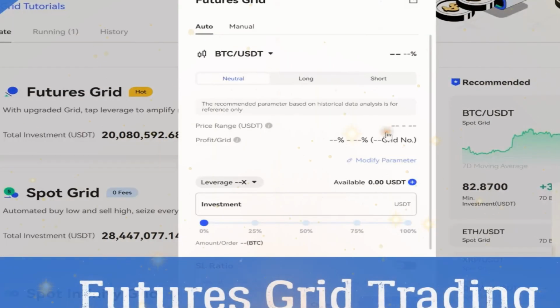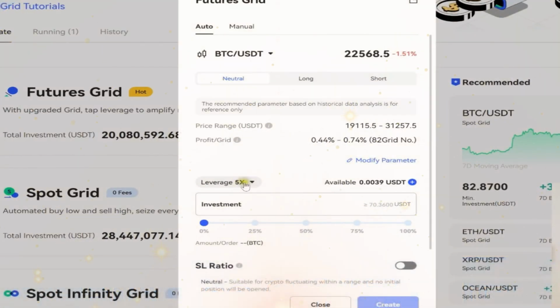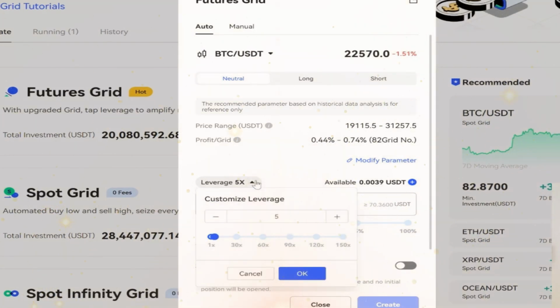If you go to the futures grid trading, you can select in here and you can analyze and define the amount of leverage that you can use to make an even higher profit. But remember that the more leverage you use, the more likely it is that you lose everything. Don't be overconfident. In my opinion, the maximum leverage that you can think of using is 5x.